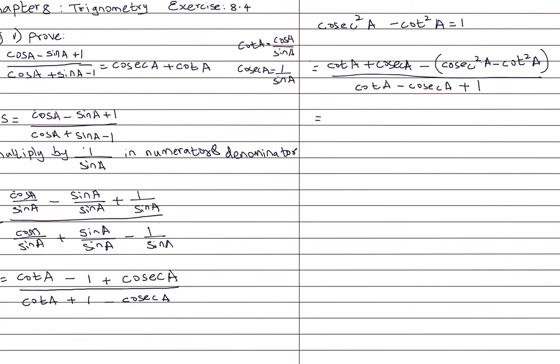So this is like A square minus B square. A square minus B square is what?